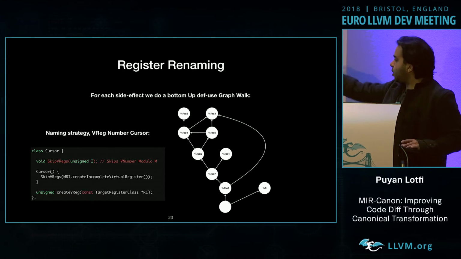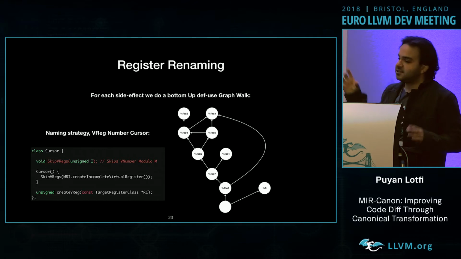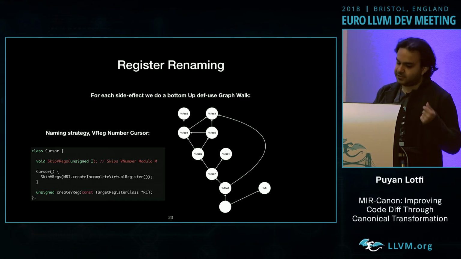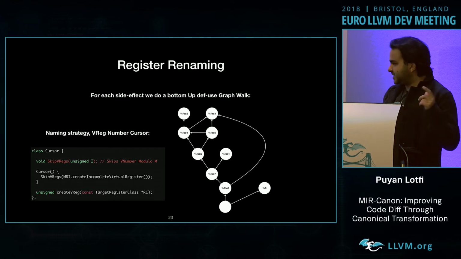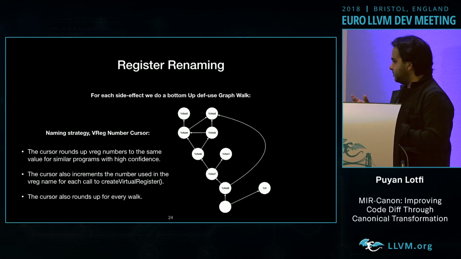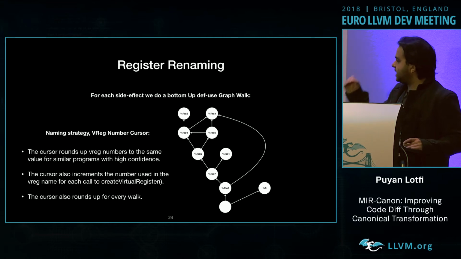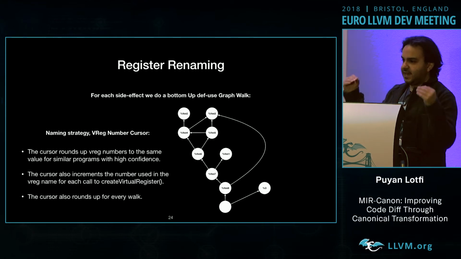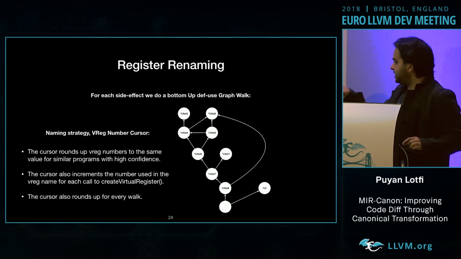Basically, we initially call create incomplete virtual register to get an idea of how many VREGs are allocated in this MIR program, and then we use that to skip a number modulo m. Basically, we're rounding up to the next however amount; in the case right now, normally we round up to the next 1,000th number, and then we use that number. The idea is that for two MIR files, we should round up to the same place, and then from there we can walk, and we should land on the same numbers for two different MIR files. That way we can rename canonically.